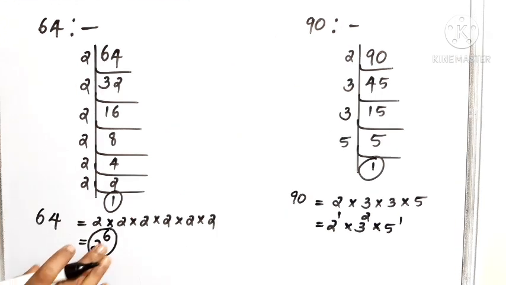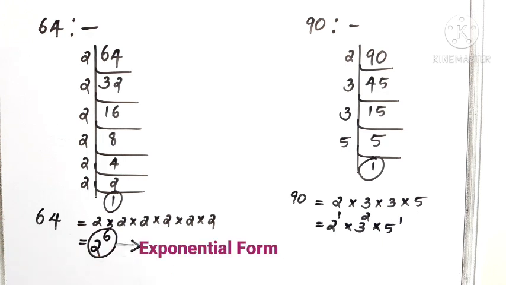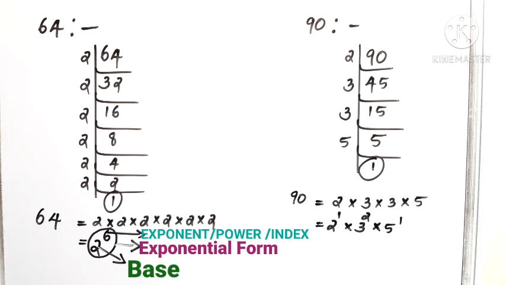Here 2 raised to the power of 6 is called exponential form or exponential notation. Okay, here 2 is called a base, 6 is called exponent or index or power.